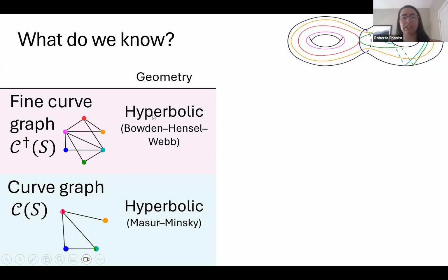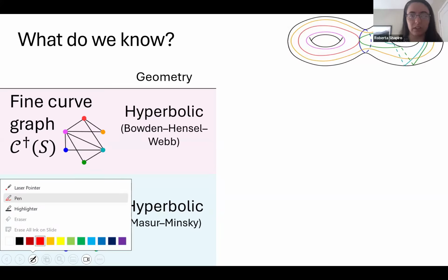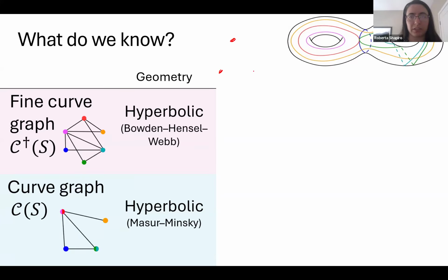Whether these graphs are hyperbolic asks, if we have a geodesic triangle, vertex, vertex, vertex, does it look sort of like a geodesic triangle in a hyperbolic space in that it looks thin? What does that actually mean?